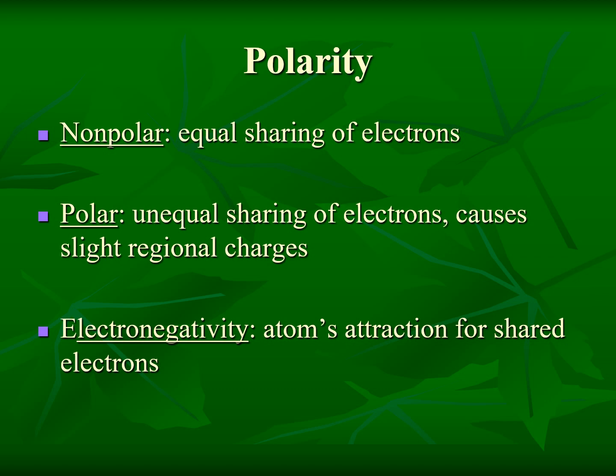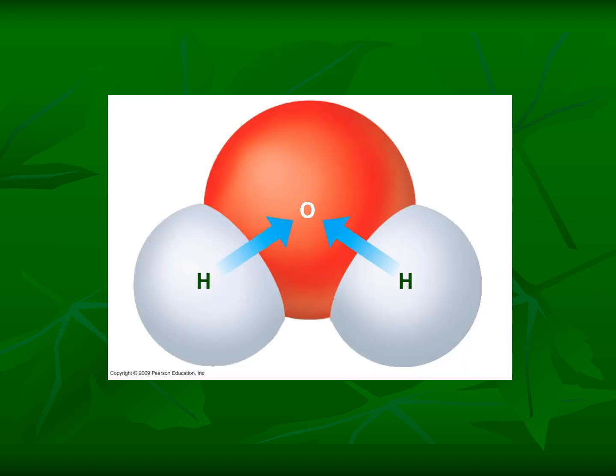Why is it unequal sharing? Well, sometimes one atom's bigger than the other, and so it's stronger than the other. And so if it's stronger, it's sharing the electrons, but it's not being fair about it. It's pulling them closer to itself. Electronegativity refers to the atom's attraction for those shared electrons.